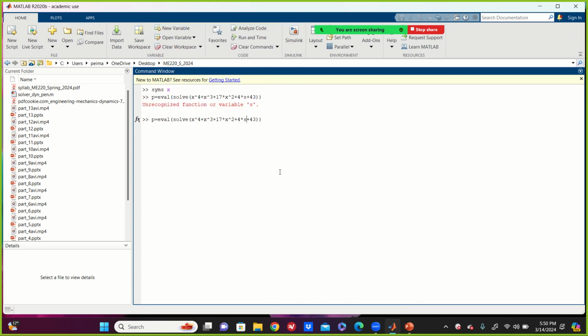Oh my god, x. What is z? Undefined function or variable z?